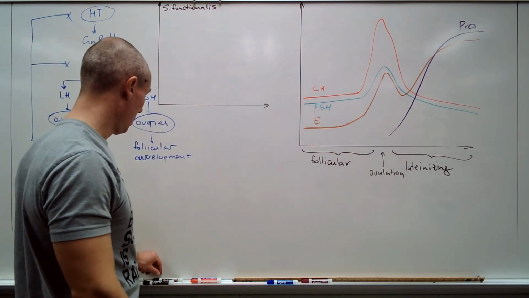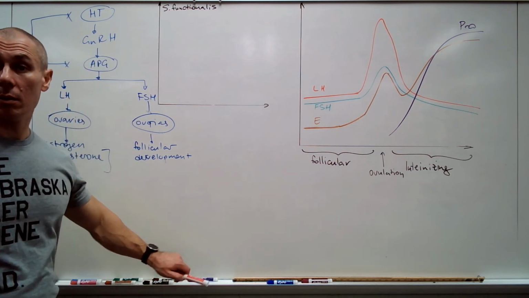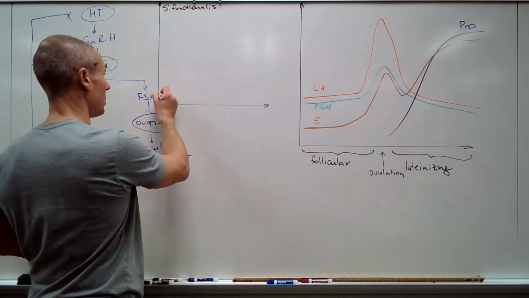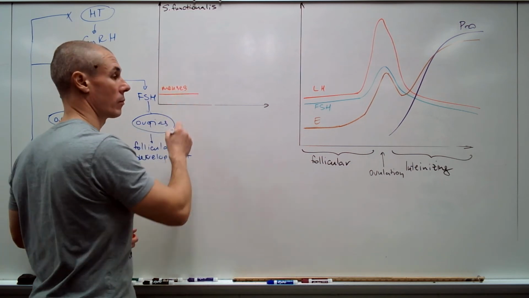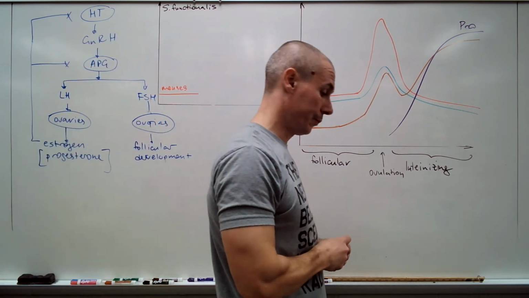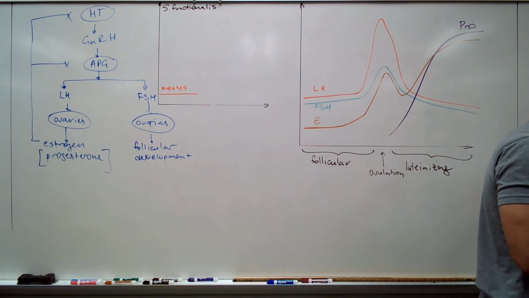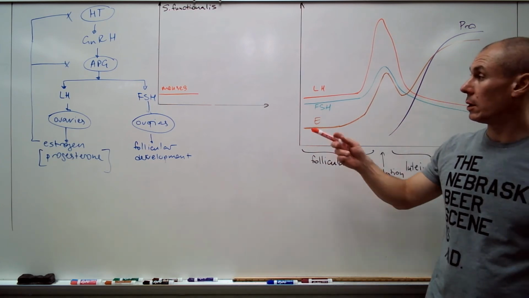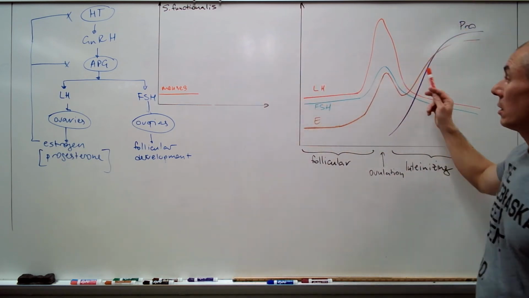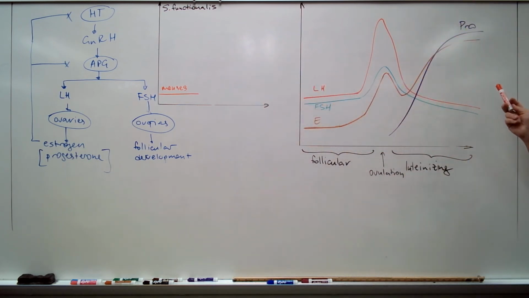So, at the very beginning of the menstrual cycle, this is the time, so this is menses. Okay? Does that make sense? Now, this and this, check this out, they roughly correspond. Am I clear?